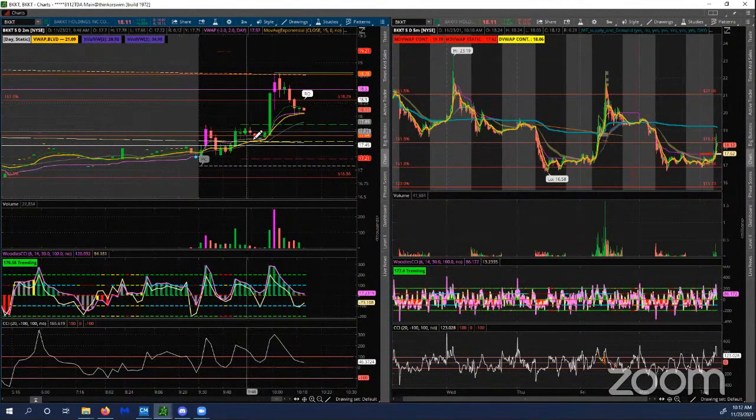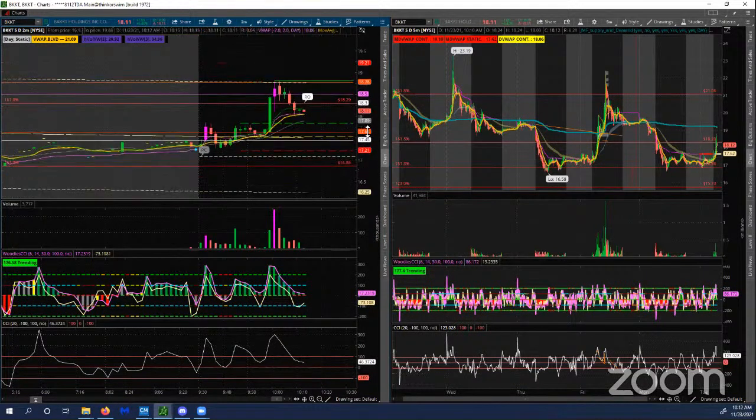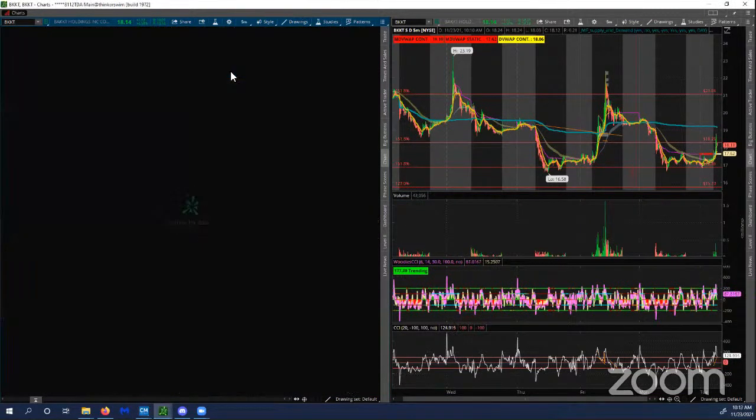All right, BKKT did that nice little test, pop, and came back to the 15, 1, 2, higher low, CCI. That one doesn't look too bad. We've got kind of a conflicting signal there. Yeah, that one looked nice.